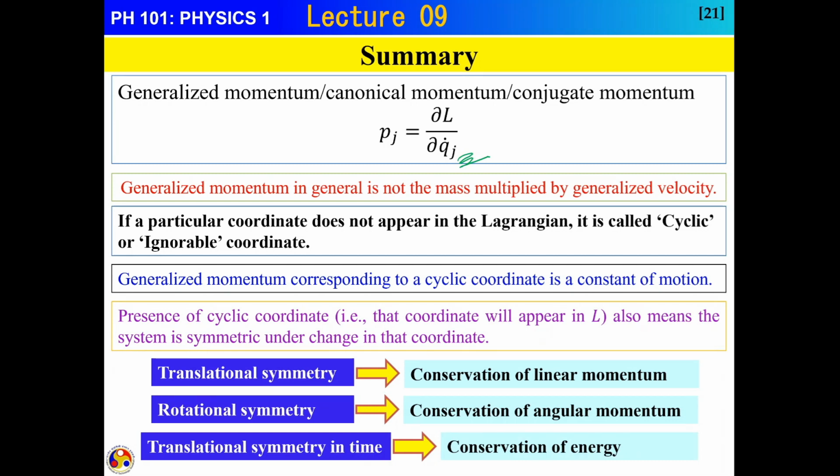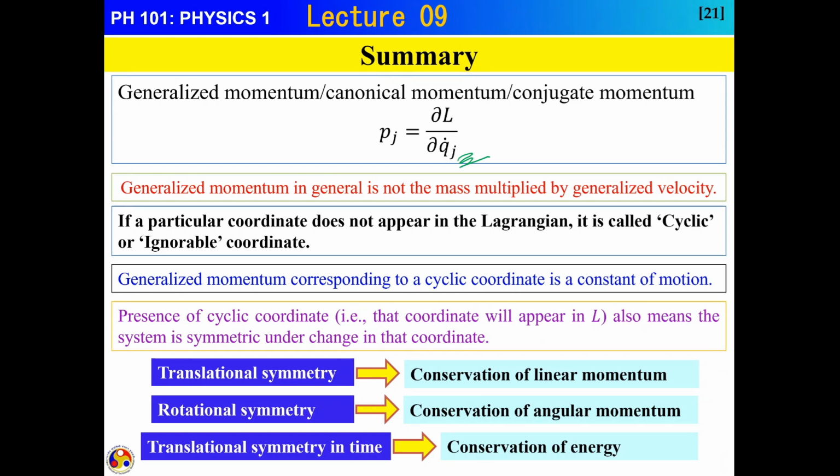And if any particular generalized coordinate doesn't exist in the Lagrangian, and that's not going to affect the Lagrangian, you can call that a cyclic coordinate or ignorable coordinate. Similarly, if you have a generalized momentum corresponding to that cyclic coordinate, we can say it's a constant of motion.